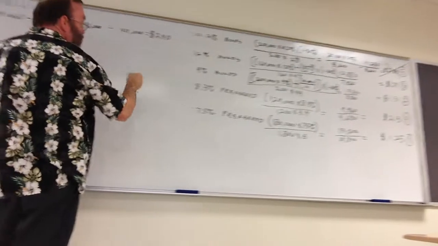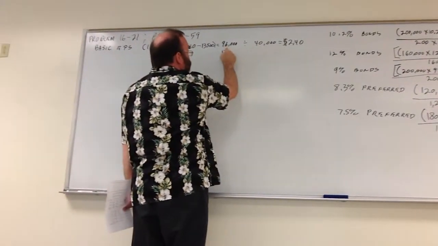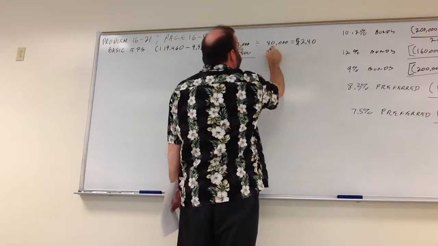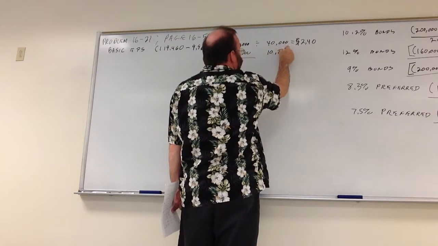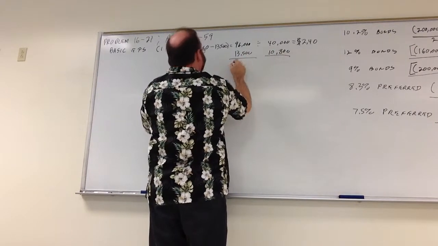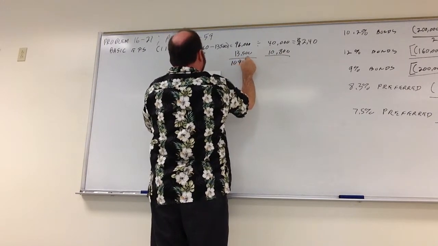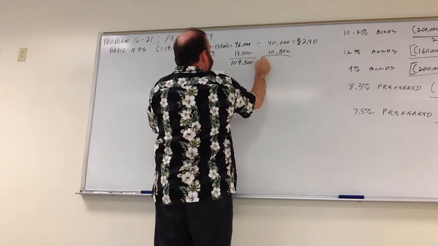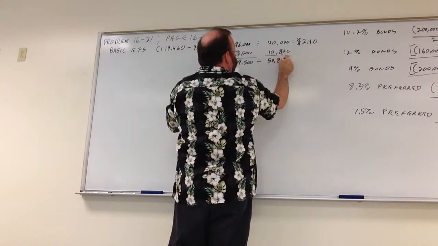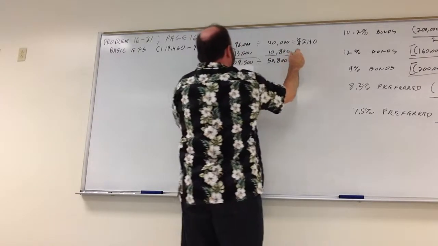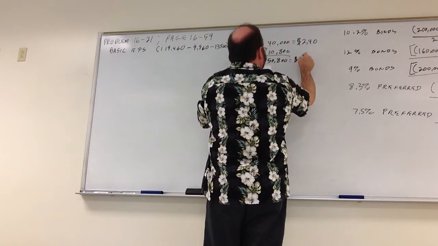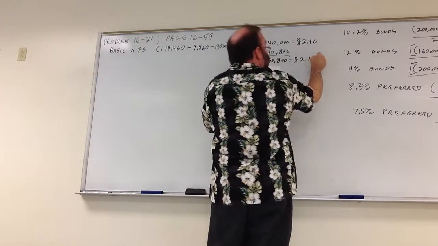So to the numerator, we're going to add 13,500. And to the denominator, we're going to add 10,800. And we're going to get 109,500 divided by 50,800, or a preliminary diluted earnings per share of $2.16.